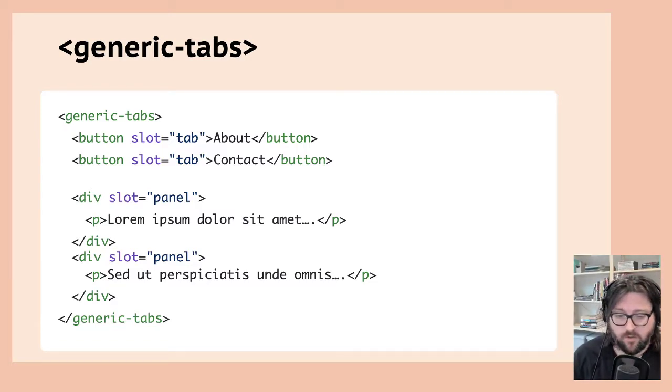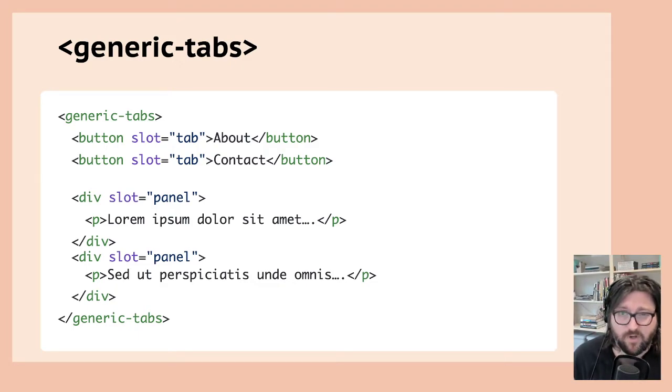A group of people working on some tabs research got together though, and we ran this by somebody who uses a screen reader, and they gave us some feedback. They said this is okay, but if I don't get the upgraded experience, say JavaScript fails, or I just have it turned off.